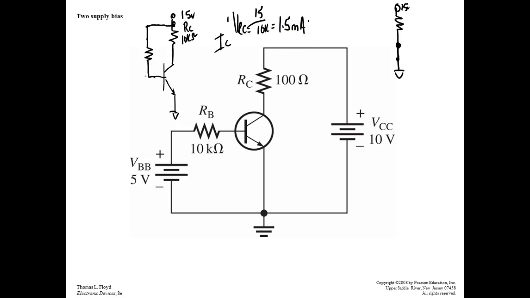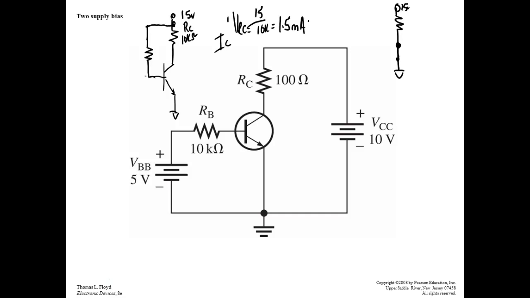Okay, guys. So what do I need to know now? That wasn't hard. What do I need to know now if I'm going to go ahead and figure this thing out? So what controls that 1.5 milliamps? Close. But I can't do VRB yet.